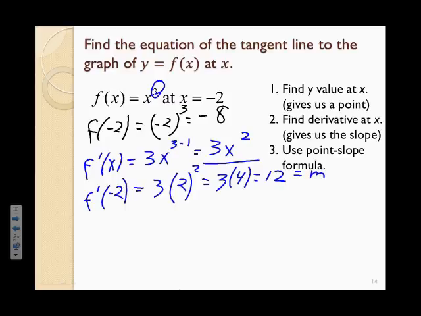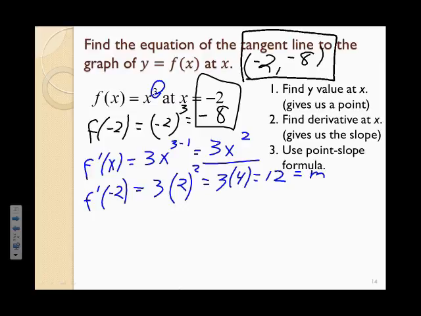The point that we created earlier with these two numbers: the x, whoops, we'll have to write the x. The x is minus 2, and the y we calculated here is minus 8.